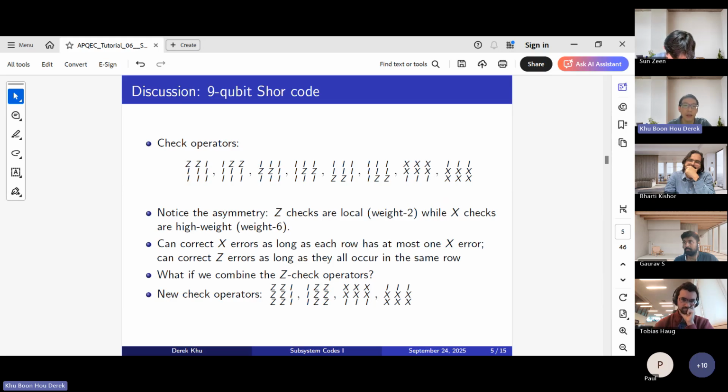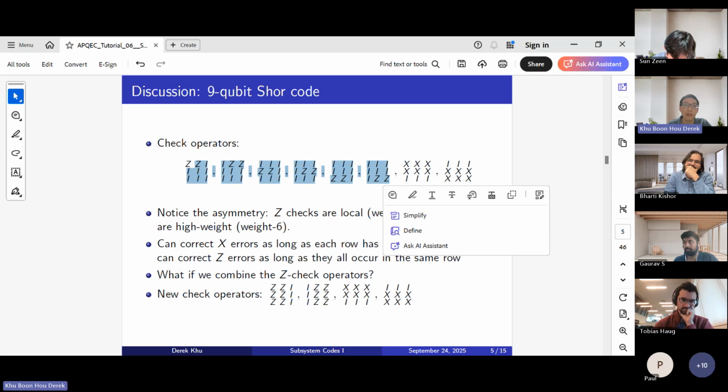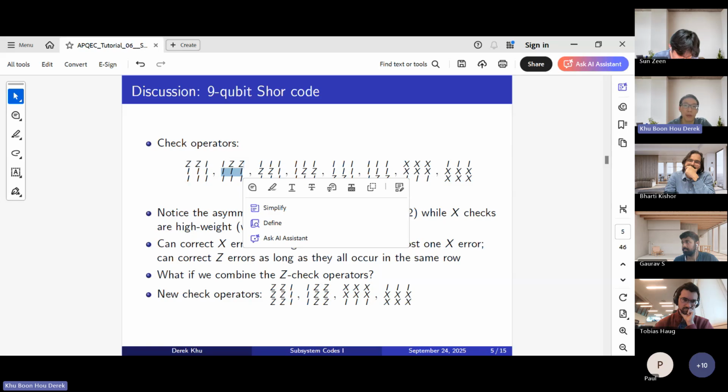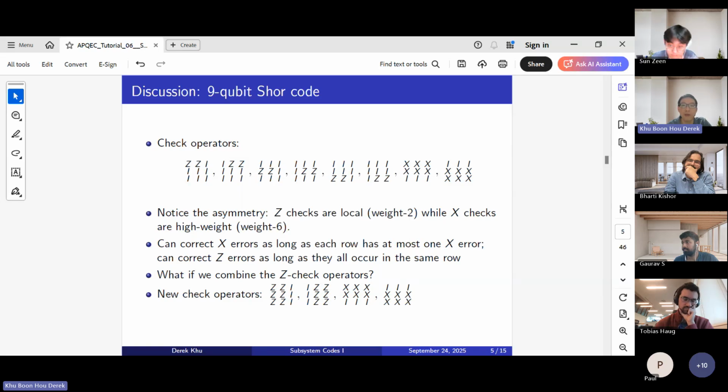So even though the distance is 3 and we could correct at most one error, we could technically correct 3 errors, because if one error occurs on the first row, one on the second row, and one on the third row, we could in principle correct 3 X errors. But if we go to the subsystem case, we wouldn't have that flexibility. We would only be able to correct 1 error.